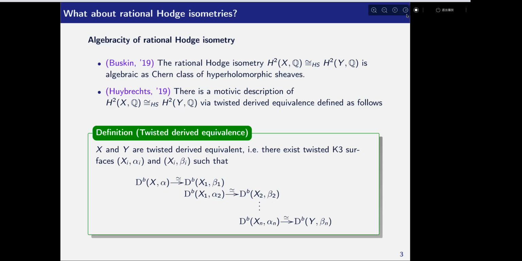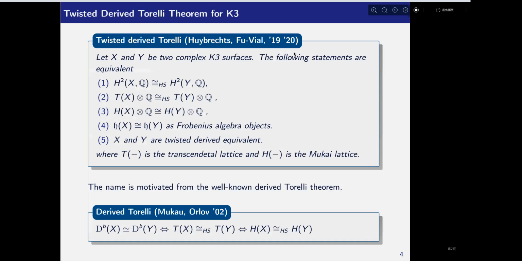Okay. So given this, Huybrechts and also later Fu and Li Via show this twisted derived Torelli theorem, or they also call this the motivic Torelli theorem. So they show that if we have two complex K3 surfaces, then the following statements are equivalent.